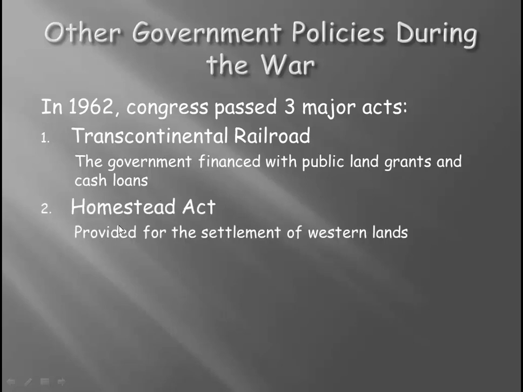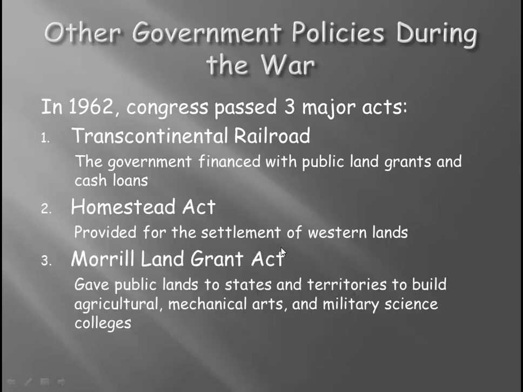There was something otherwise known as the Homestead Act, right? Provided for the settlement of western lands. You got 160 acres, you had to farm it for 5 years, and after that, you build a house, you own it. 160 acres, a lot of land. This promoted people to move out west. The last was the Morrill Land Grant Act. This gave public lands to states and territories, but they had to build colleges.